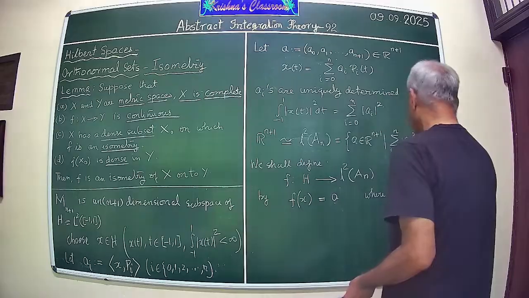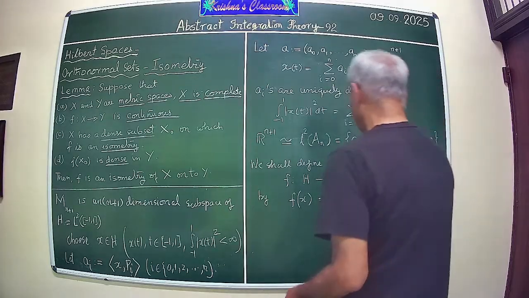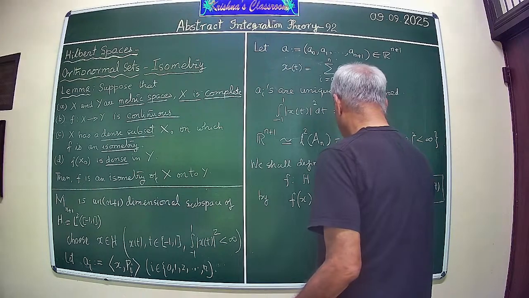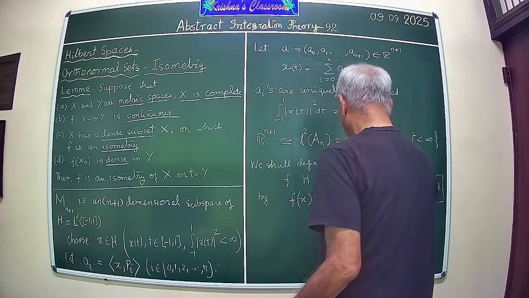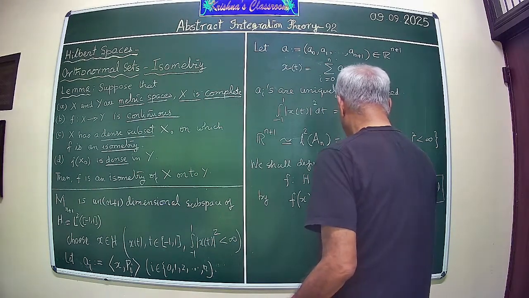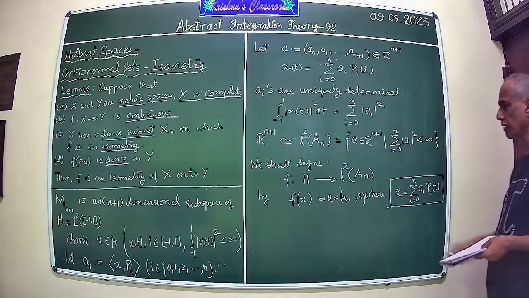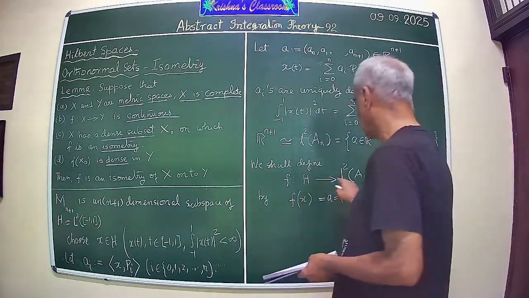So this is the identification then, which is equal to a. Okay, so f is defined from H to L2.